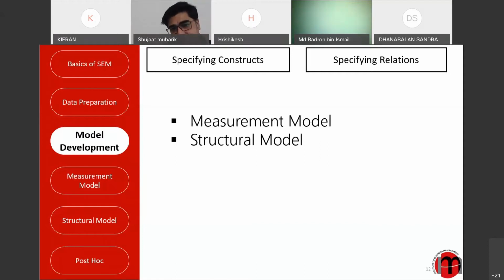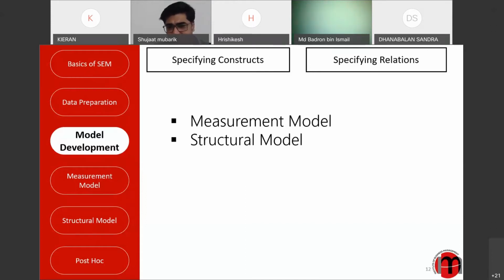Once we model PLS-SEM in SmartPLS, of course we have to follow the same procedure. First we go for estimating the measurement model, then we go for the structural model.